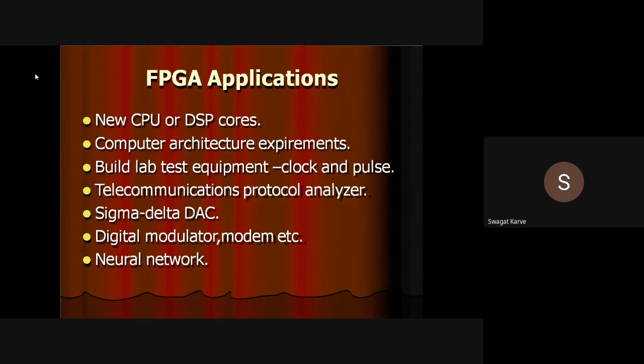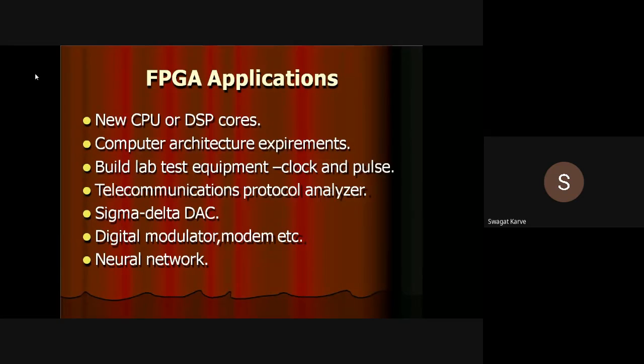Okay, now where do you find the application of this FPGA? In your computer CPU, right? Then different digital signal processing cores, DSP cores, computer architecture experiments, building lab test equipment, clock pulse, and even your DSO. In your DSO also there is an FPGA chip available. Then in the modem controller or LAN controller, you find an FPGA, ASIC or CPLD.